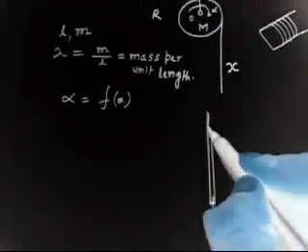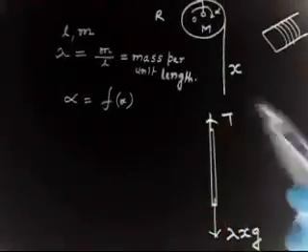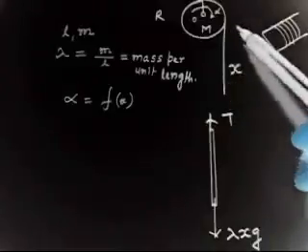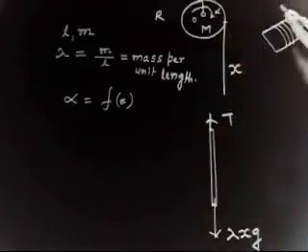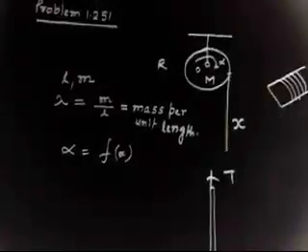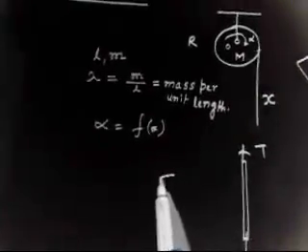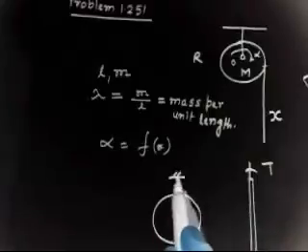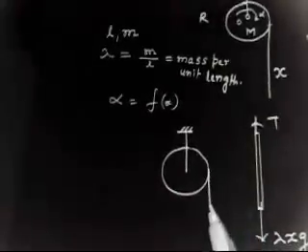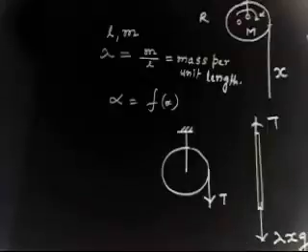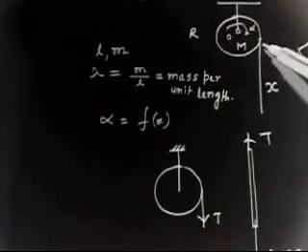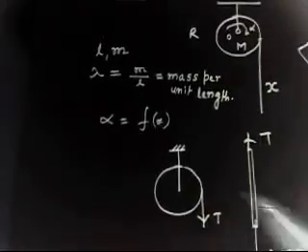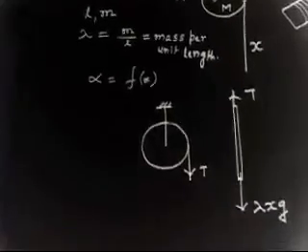Let us say upward you have a tension T at this point, because tension will also vary. So now I can make the free body diagram for this pulley. At this point tension is T, because I can assume the tension on this side and the tension on this thread and on this pulley will be the same.